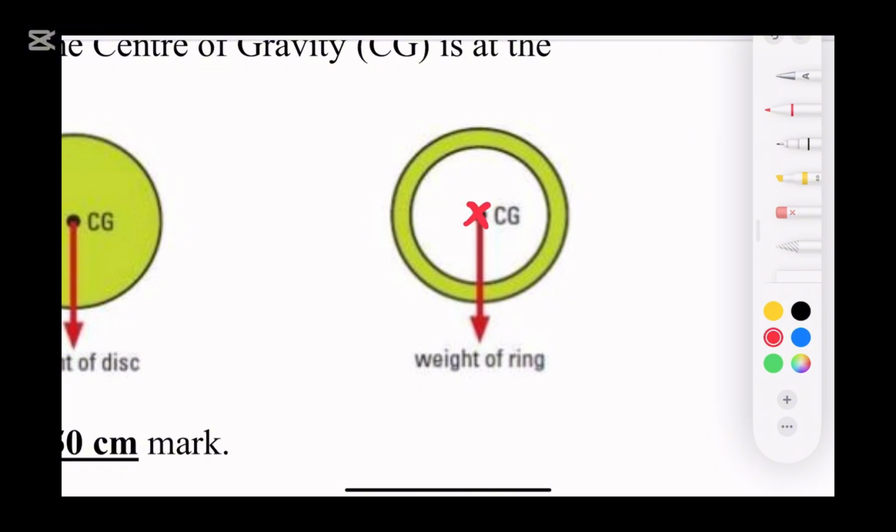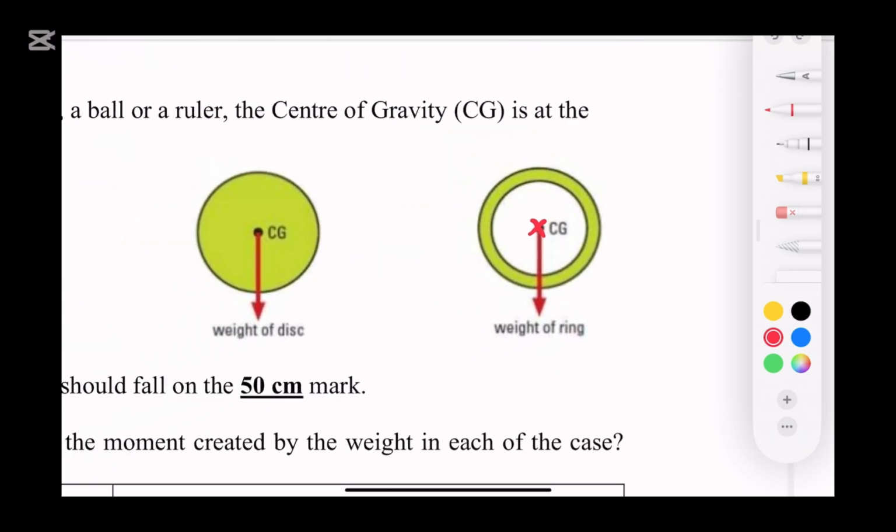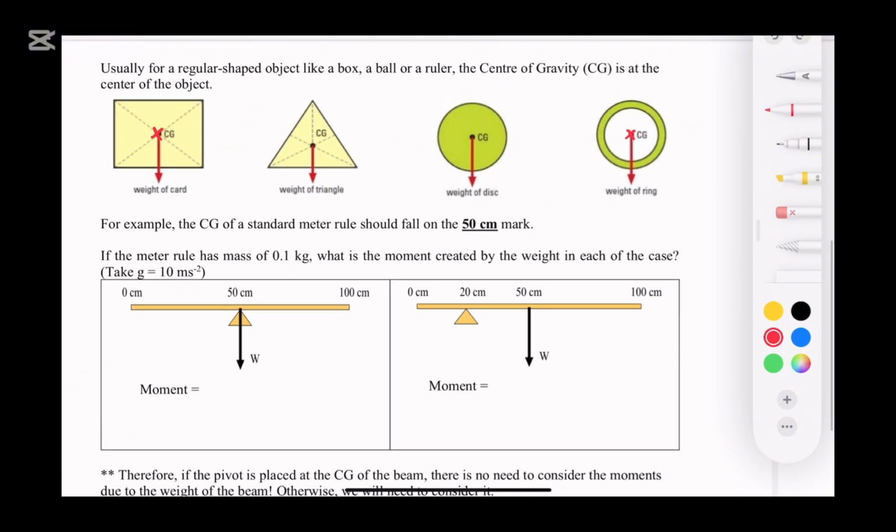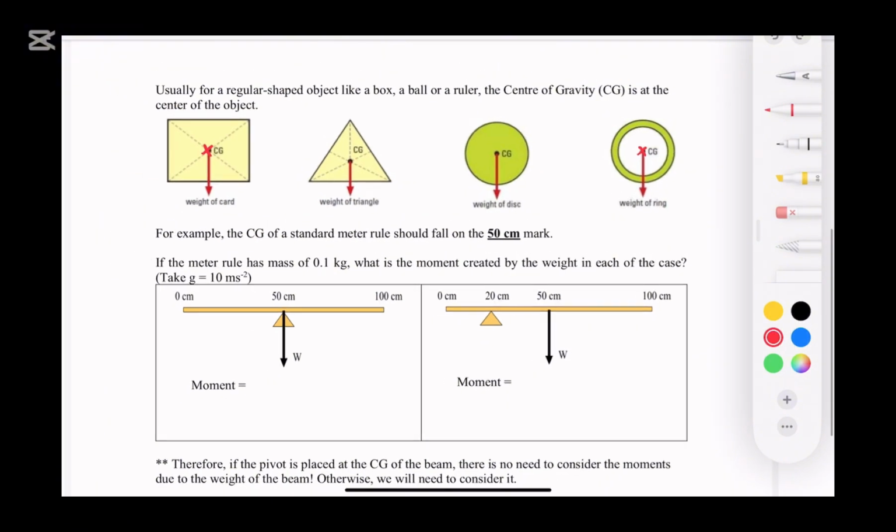The CG is outside of the ring. It does not fall within any part of the ring itself. In this case, we are not really expected to know for every shape where the CG is, but there is a particular way to find out experimentally. We may do it when we come back to school.